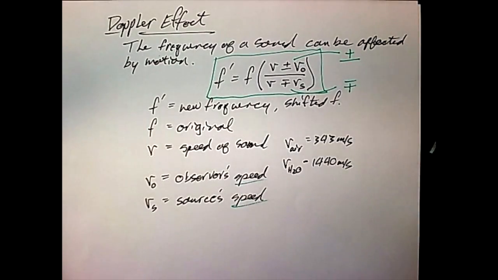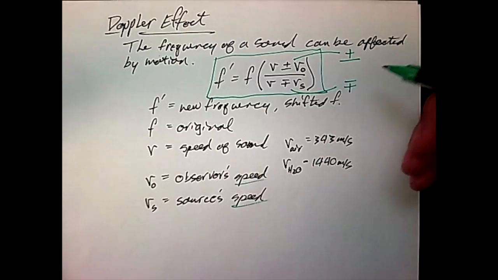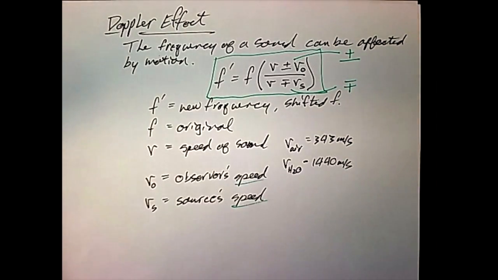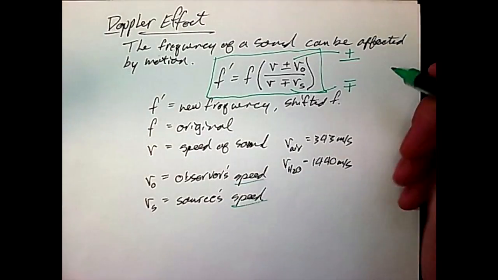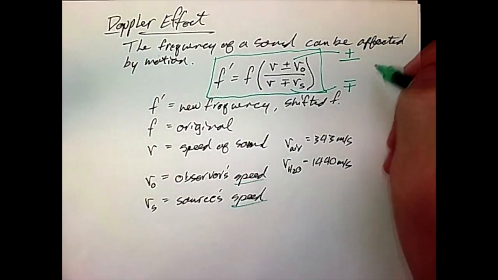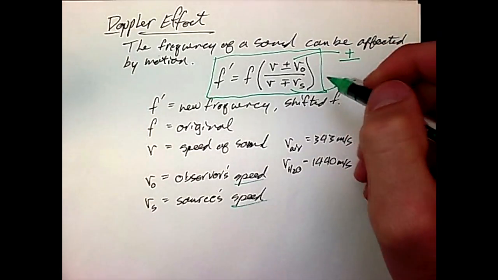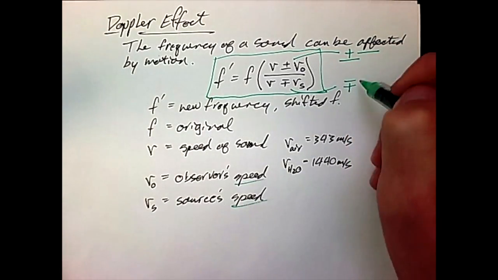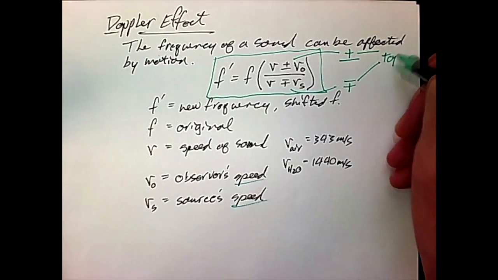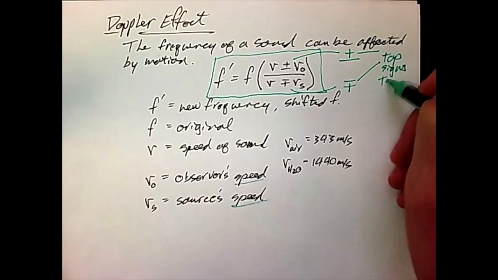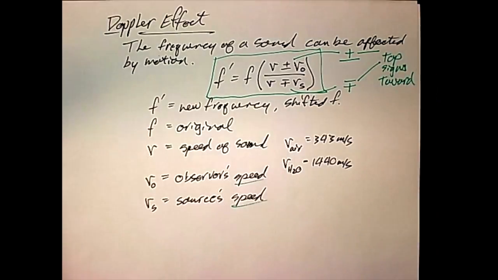And so rather than keeping with a frame of reference, positives and negatives, this is why I've defined them as scalar quantities, speed rather than velocity, what matters is whether or not they are moving toward or away. And so in this particular format, we would choose the top signs for toward, and the bottom signs for away.